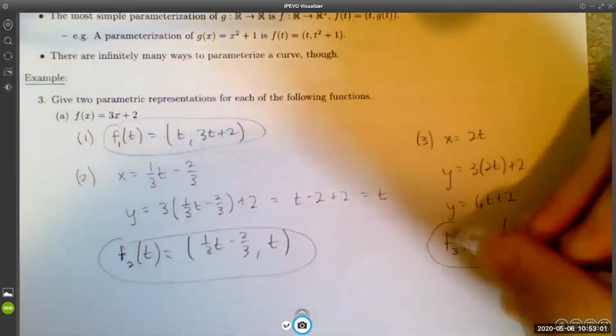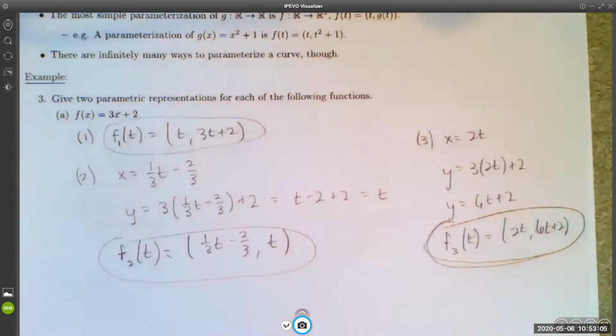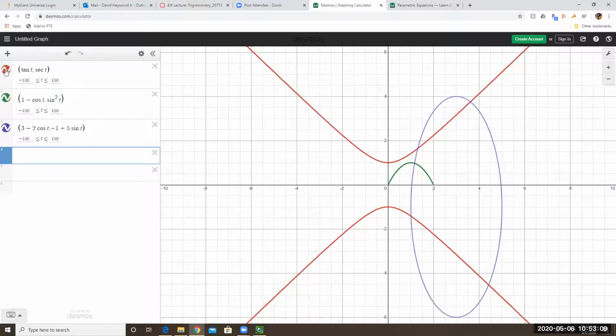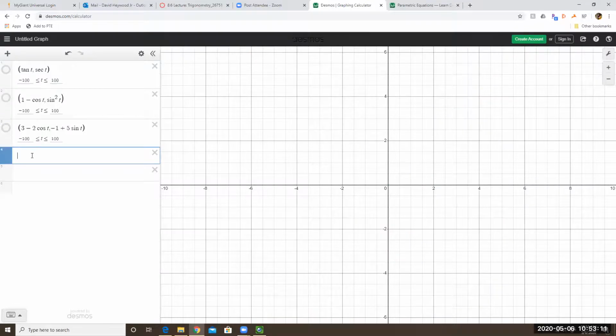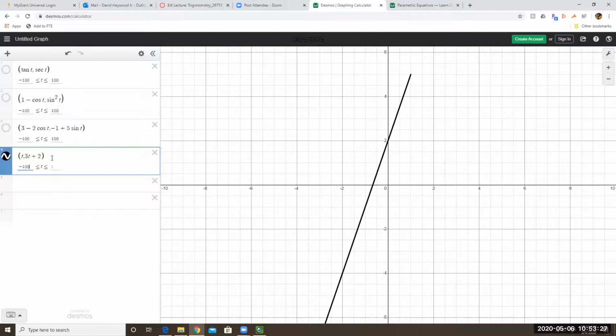And in fact, I can prove it to you. We can look at Desmos. Looking at Desmos here, the original one we came up with was t comma 3t plus 2, right? Let me fix these boundaries, so let's go from negative 100 to 100.